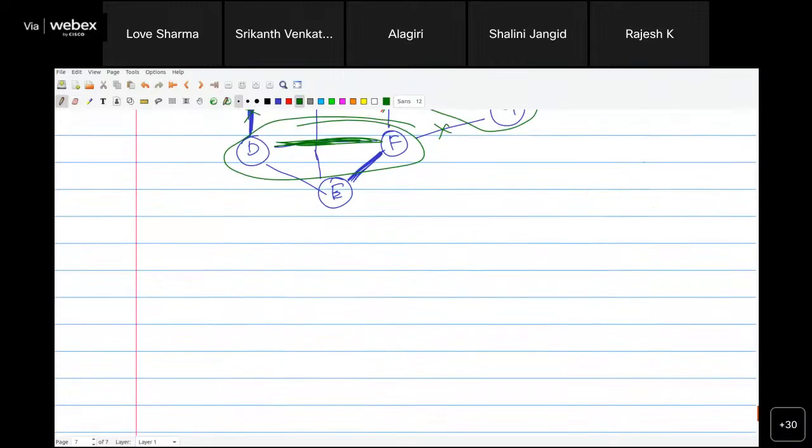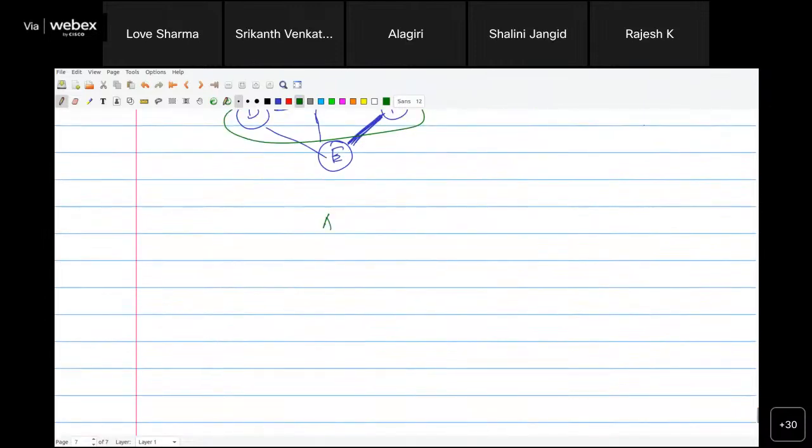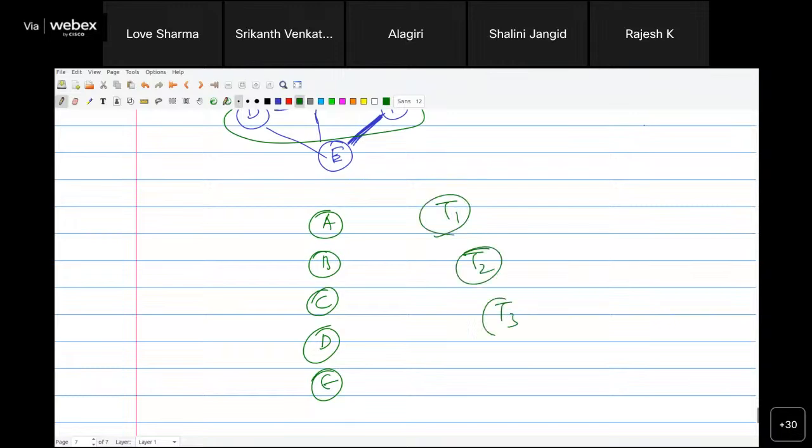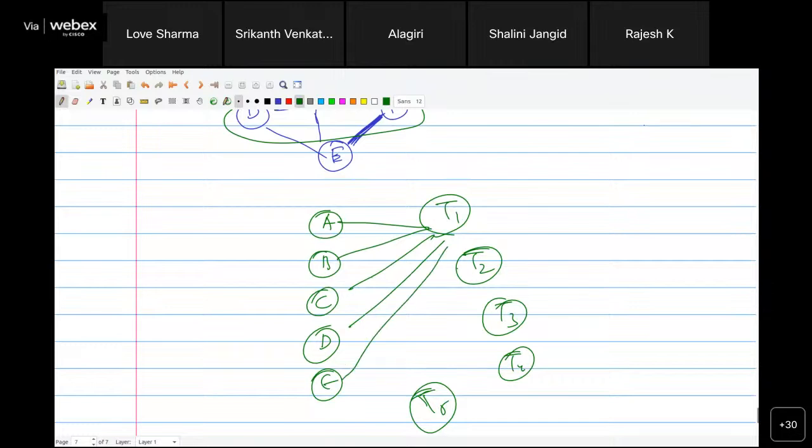If I can draw, I can show you. There are classrooms A, B, C, D, E, so 5 classrooms, and there are teachers T1, T2, T3, T4, and T5. T1 can go into A, B, C, D, E. T2 can also go into A, B, C, D, E, like that.